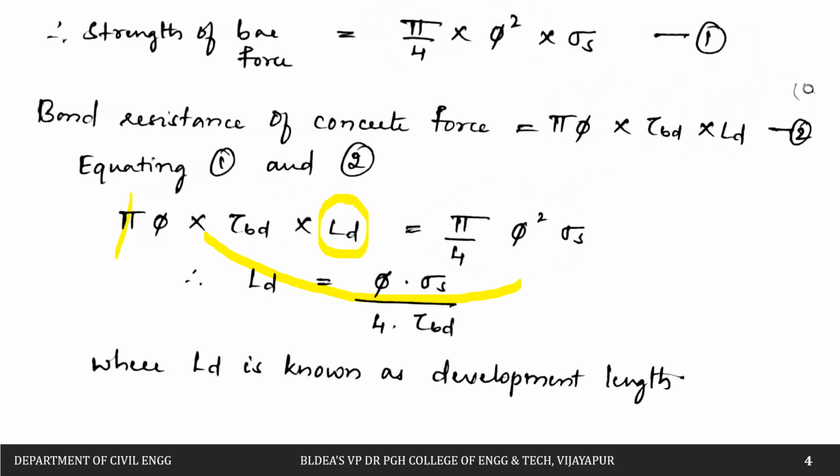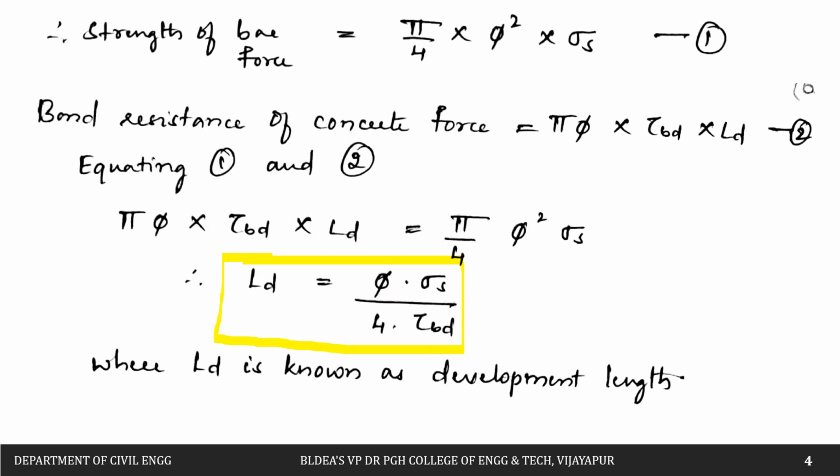What will remain is phi into sigma s, written here, and tau bd, which will be written here, and this is 4. So this much portion will remain.